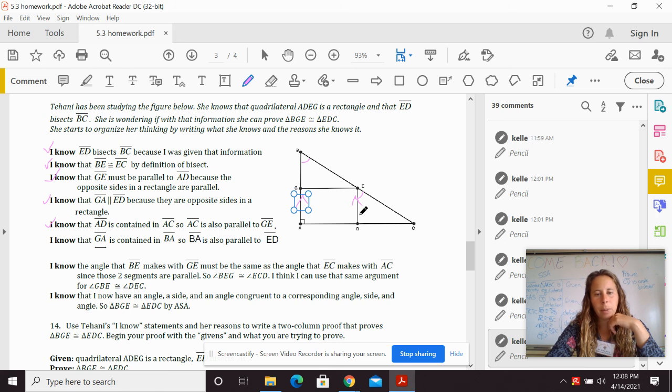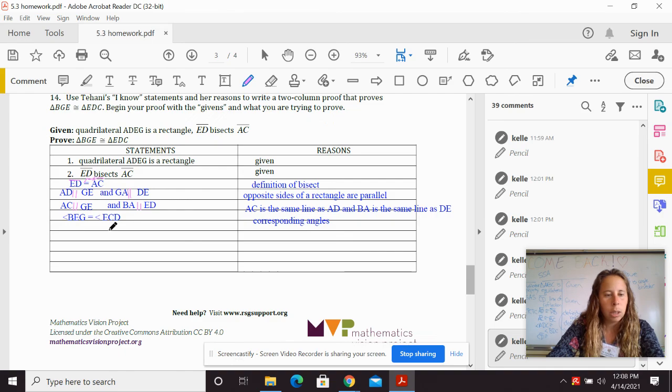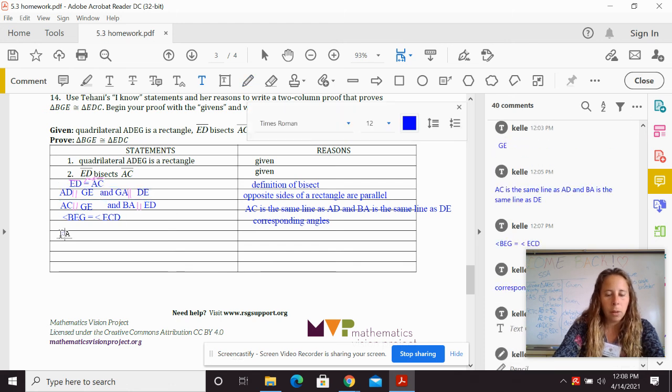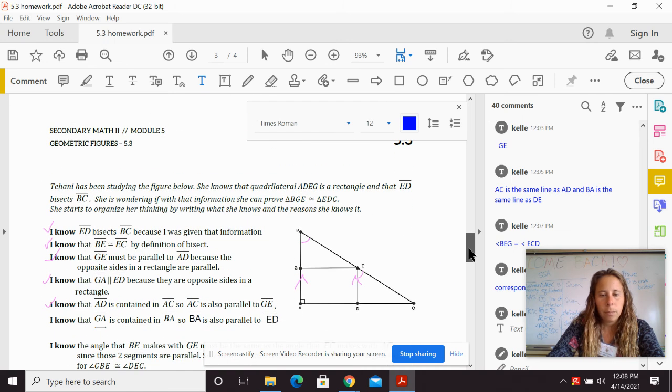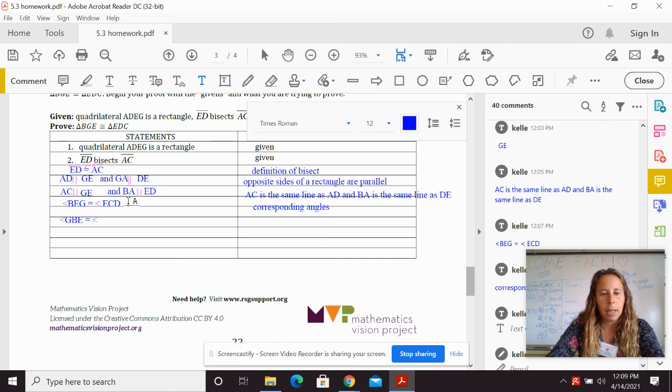So now you're looking at this set of parallel lines, and you have this transversal. So GBE. Angle GBE is congruent to angle DEC, and that is by corresponding angles.